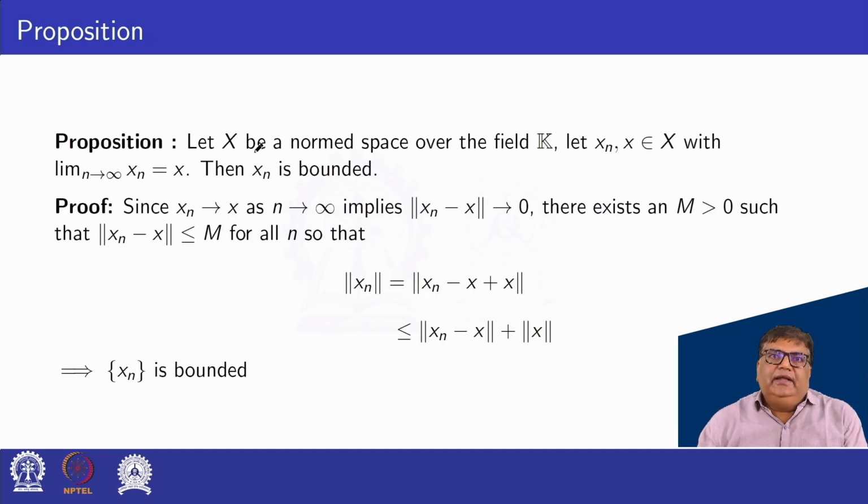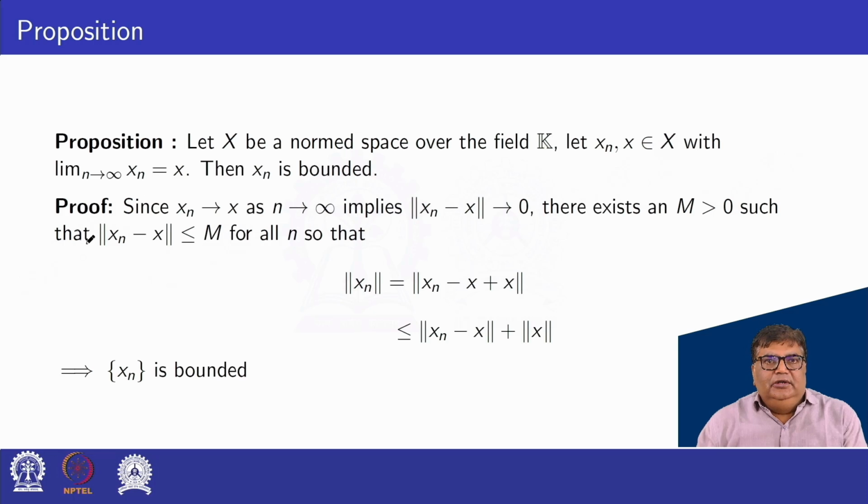Proposition: let X be a normed linear space over the field K. Let xn and x be elements of X with the limit as n tends to infinity of xn equal to x, then xn is bounded.